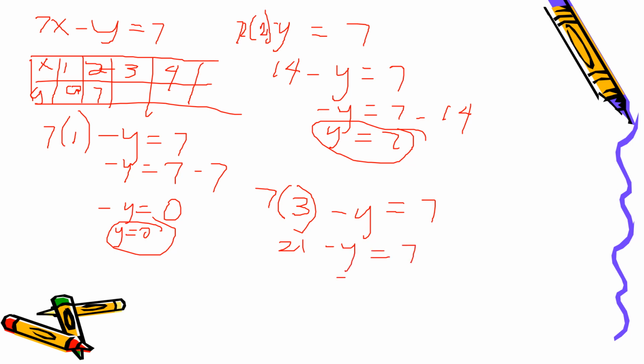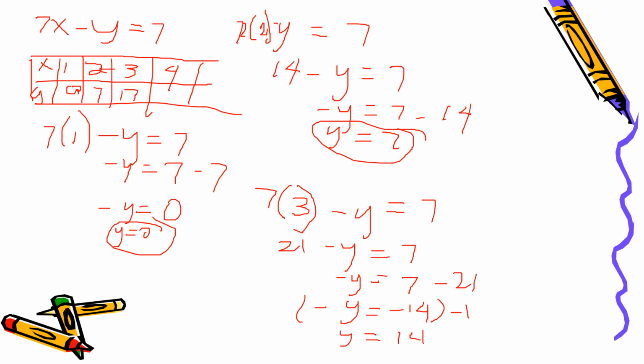So we have negative y equal to 7 minus 21. Therefore, negative y is negative 14, and if you multiply this by negative 1, we get a positive 14 because negative times negative is positive. So y is 14.